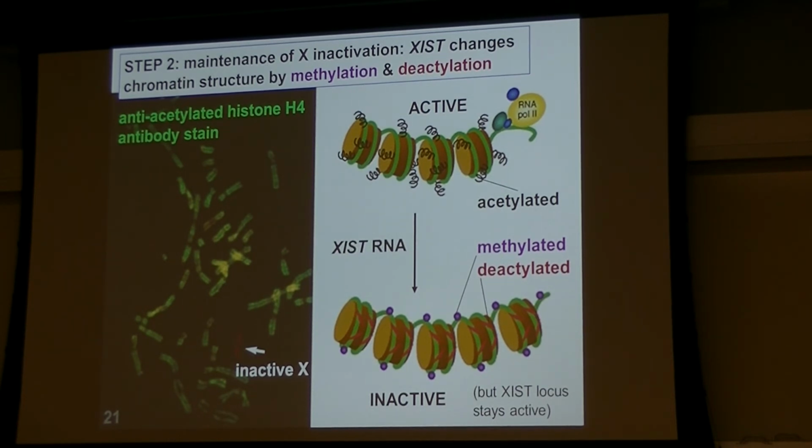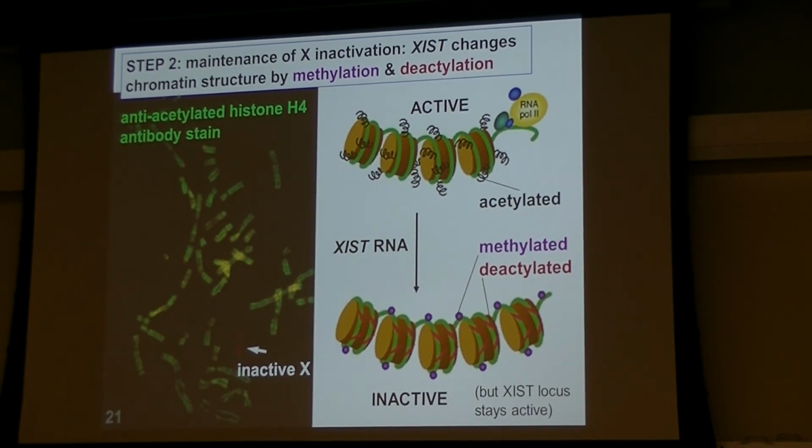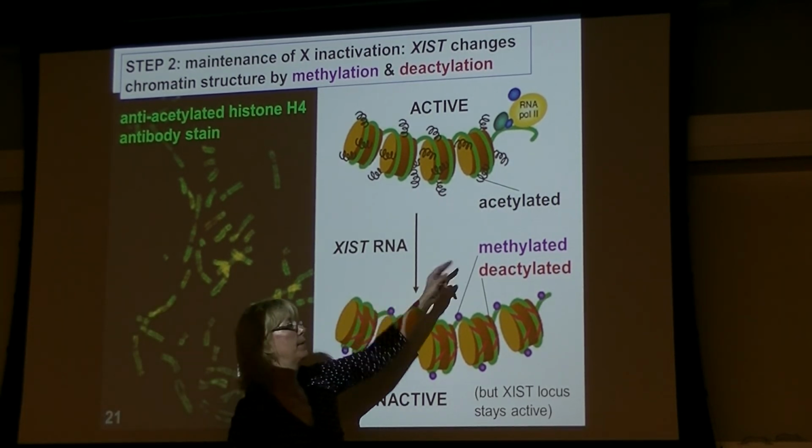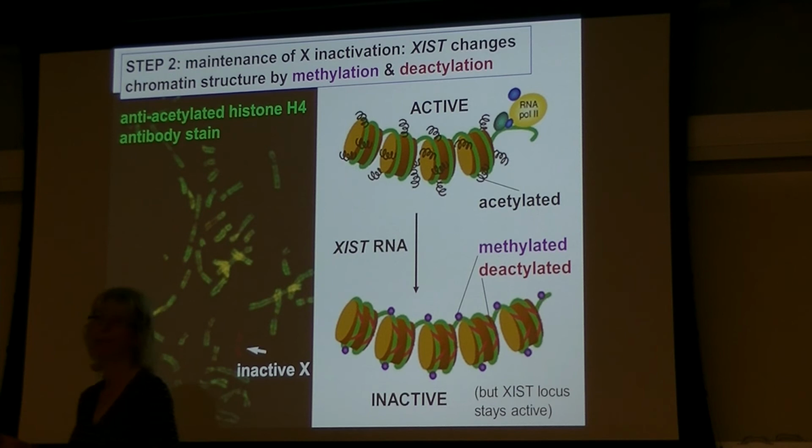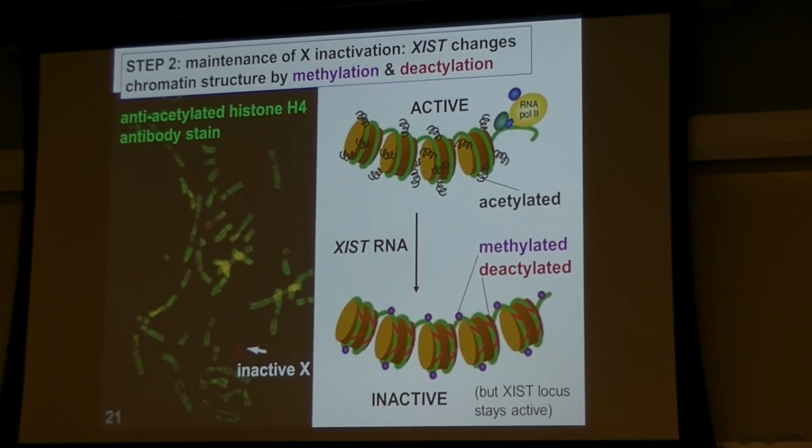That means how accessible is that chromosome to the polymerases that could go in there and start transcribing products. Two key types of modifications are acetylation, where you take an acetyl group and stick it on there, or methylation, where you take a methyl group and stick it on there. They're not that different chemically, but they are just different tags that you can put either on the DNA or on the histones.